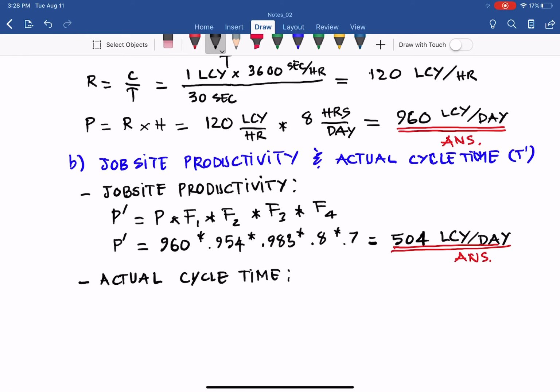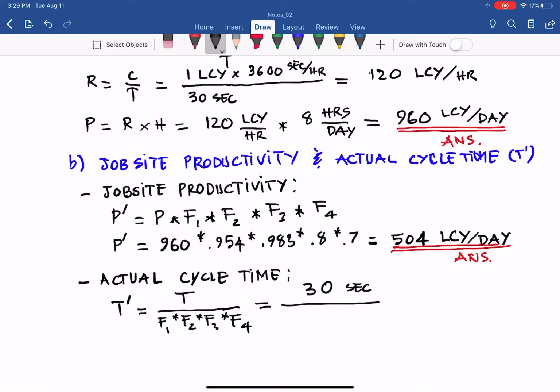The first equation that you can use is T apostrophe, the actual, equal to T divided by all the products of F1, F2, F3, F4. And T, as you can see, is 30 seconds. That is the standard cycle time, 30 seconds, given in the problem.